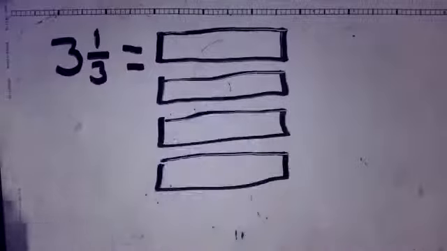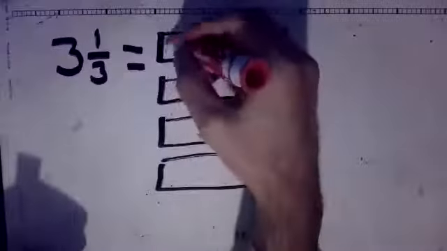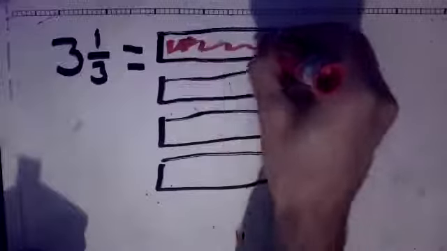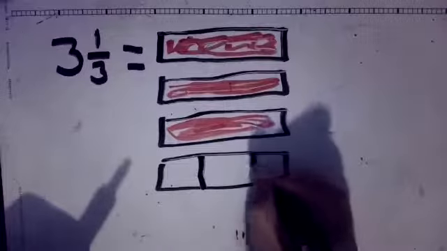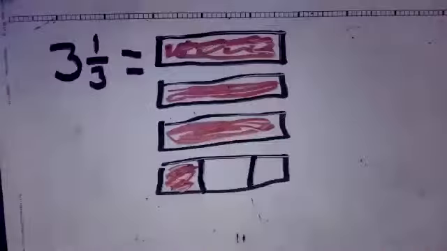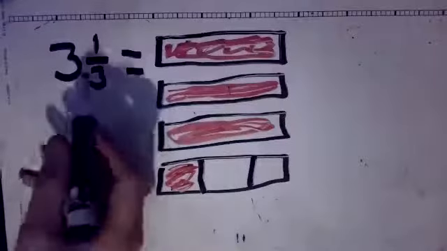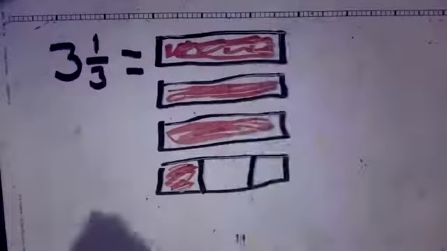So what I'm going to do is color in an entire whole, 2 wholes, 3 wholes, and then for this last one, I need to split it into thirds. And I have 1/3. So this is what we have. We have 3, 1, 2, 3, and 1/3 right there.